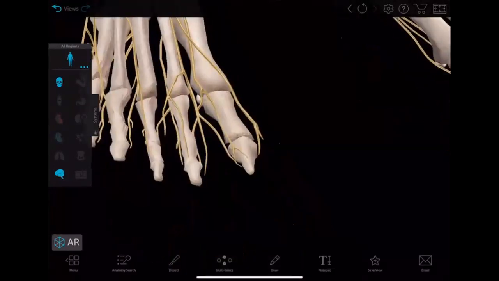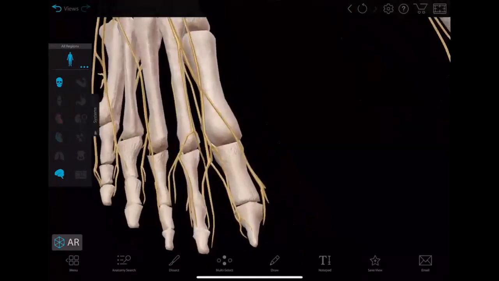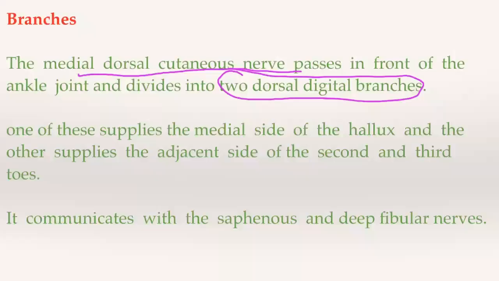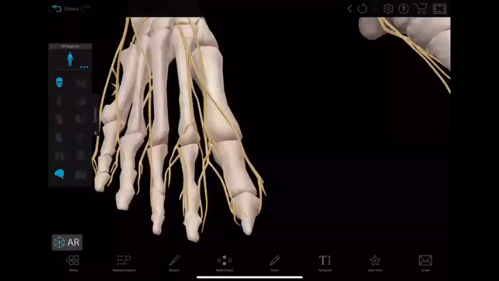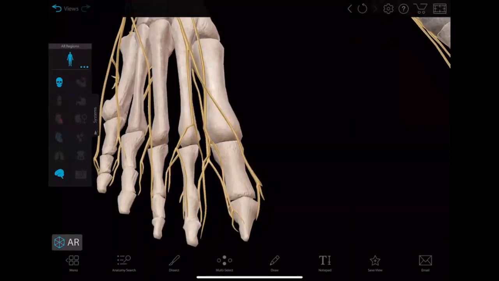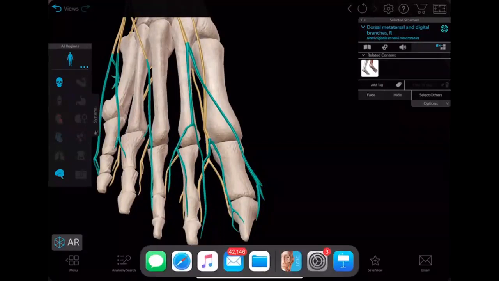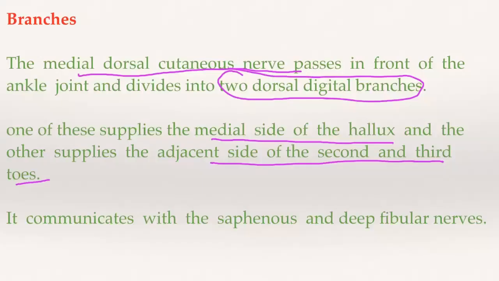One supplies the medial side of the hallux or great toe, and the other supplies the adjacent sides of the second and third toes. It communicates with the saphenous and deep fibular nerves. So that is regarding the medial dorsal cutaneous nerve.